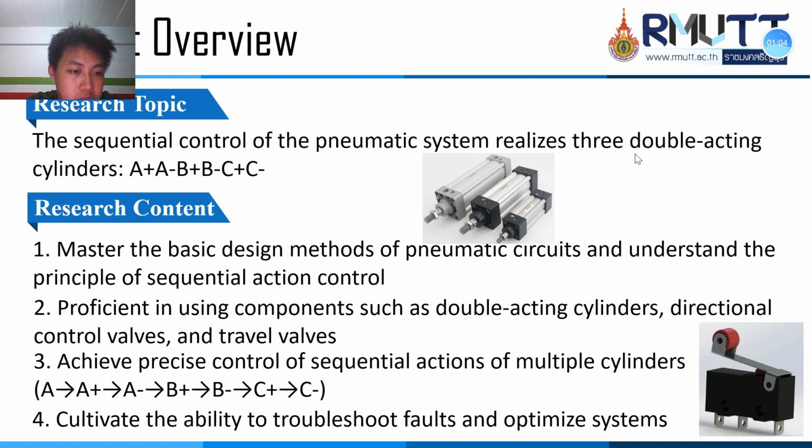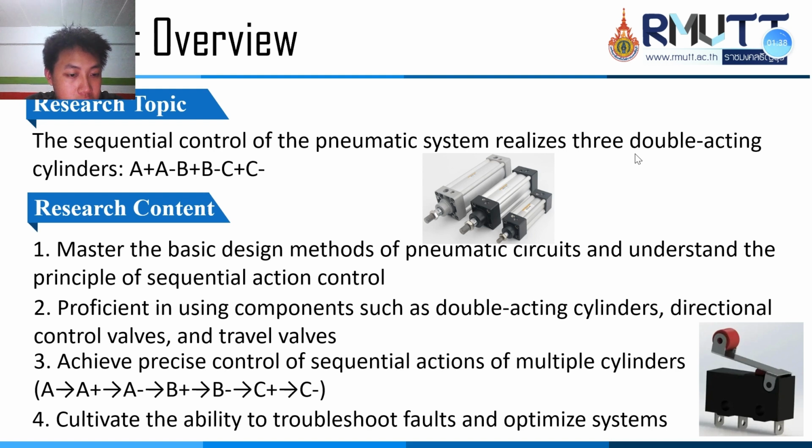The first part is to master the basic design methods of pneumatic circuits and understand the principle of sequential action control. The second part is to be proficient in using components such as double-acting cylinders, directional control valves, and travel valves.